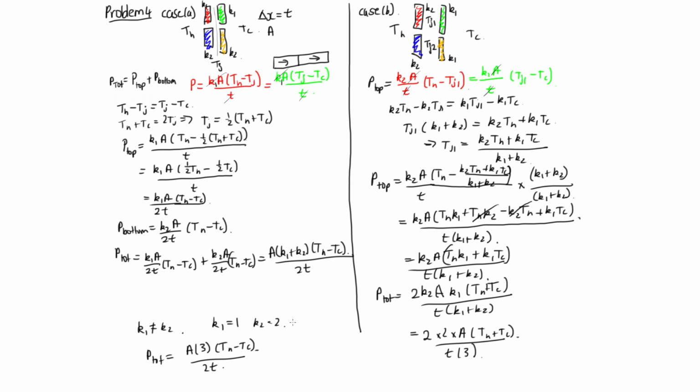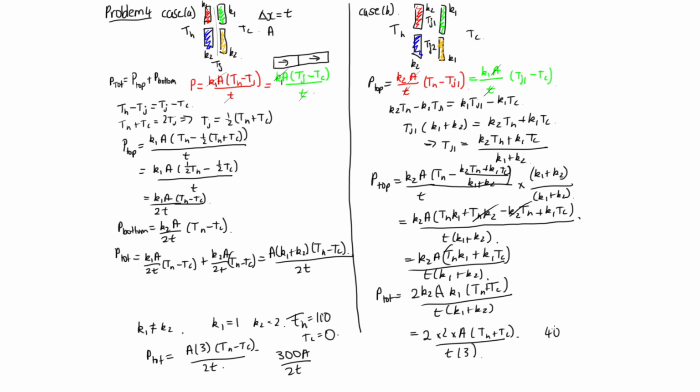So let's just let TH equal 100 and TC equals 0. In this case, this would be 100 minus 0, so that would be equal to 300A over 2T. And in this case, this is 4, so we'd have 4A times 100 plus 0.